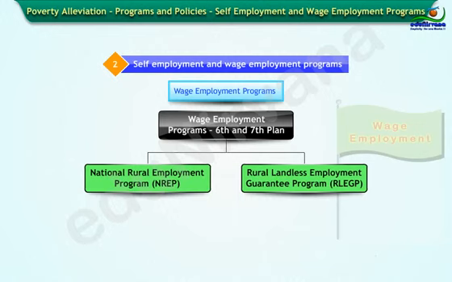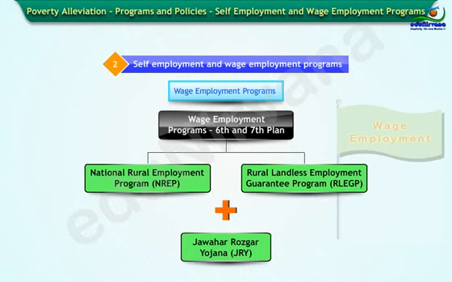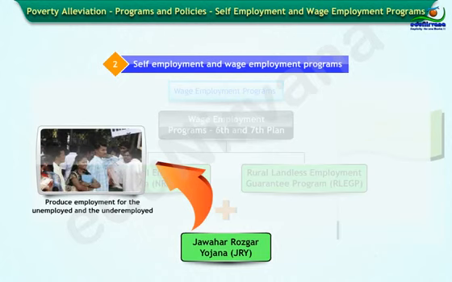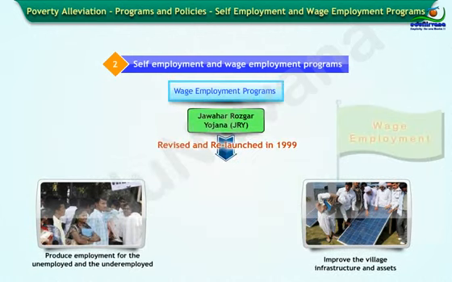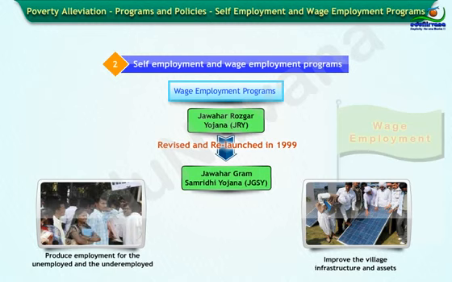These two programs were later merged in 1989 into the more well-known Jawahar Rojgar Yojana or JRY. The JRY was supposed to produce employment for the unemployed and the underemployed and to improve the village infrastructure and assets. The JRY was revised and relaunched in April 1999 and was named Jawahar Gram Samriddhi Yojana or JGSY.